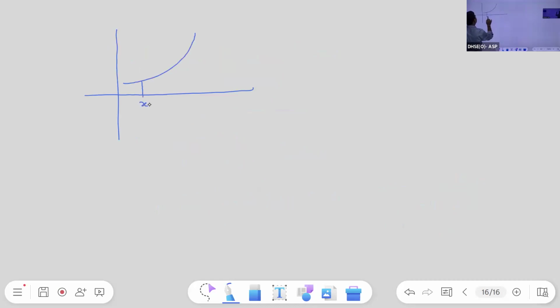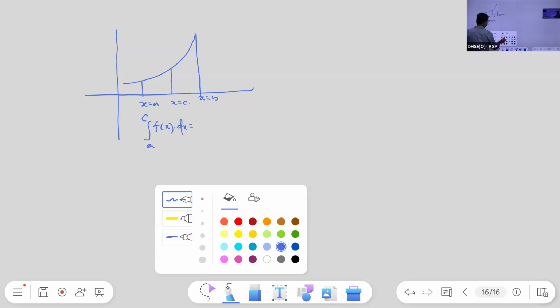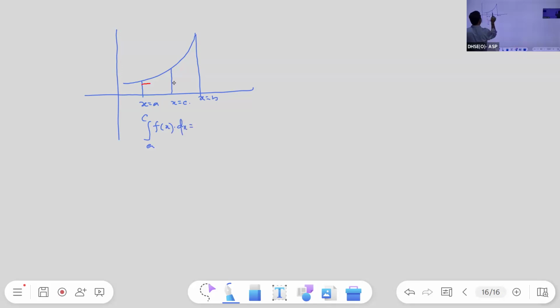Suppose this is x equals a, and this is x equals b. Let C be the intermediate point of A and B, x equals C. So the integral from A to C of f of x dx is equal to this red area. Let it be A1.